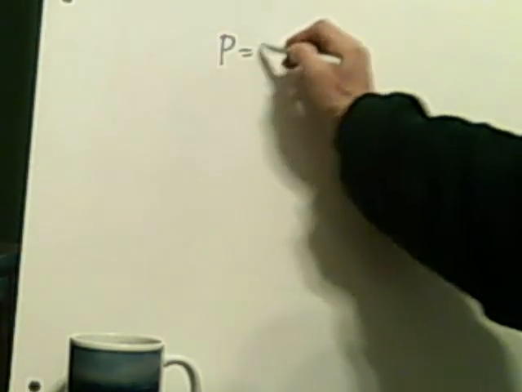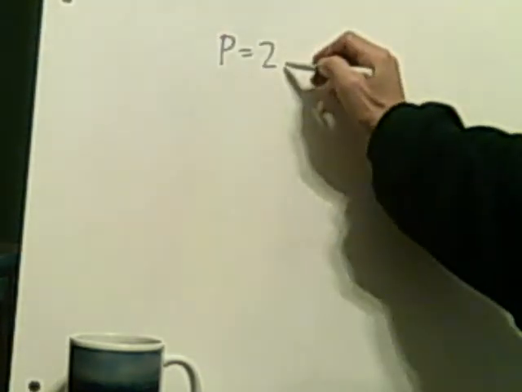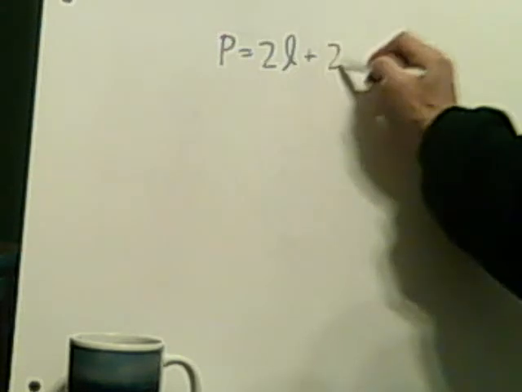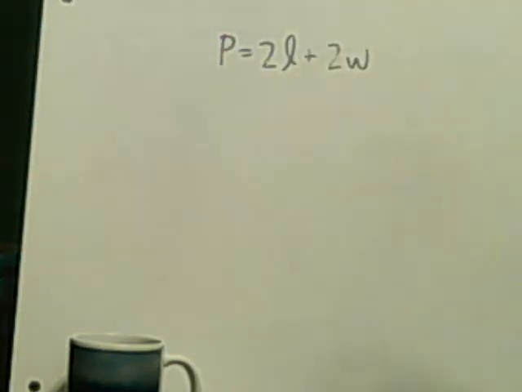Okay, now let's go to number 10. P is equal to 2L, I guess I can make an L like that, plus 2W. This would be, of course, the formula for a perimeter, because that's twice the length plus twice the width for a rectangle. But you don't need to know that in order to solve it.